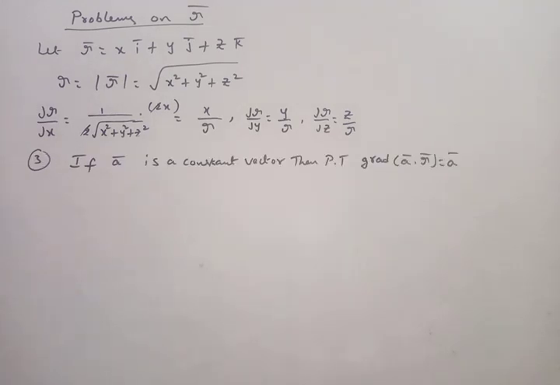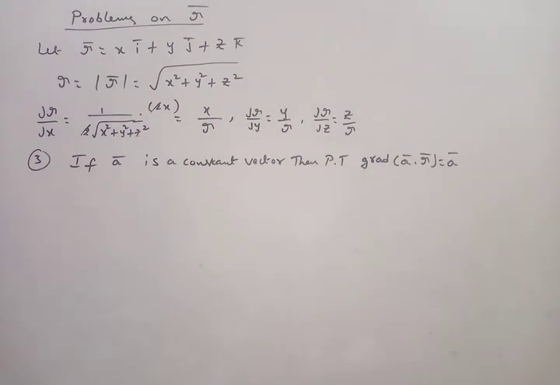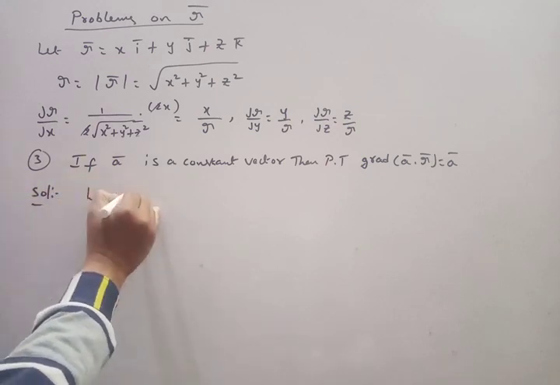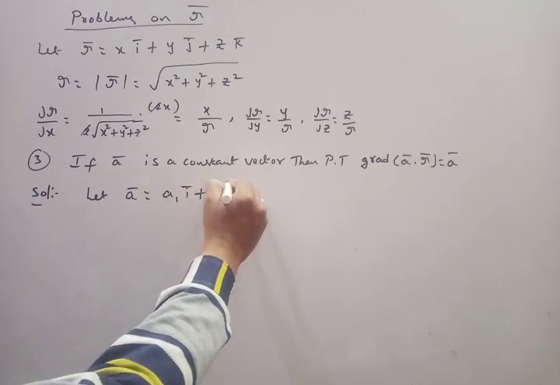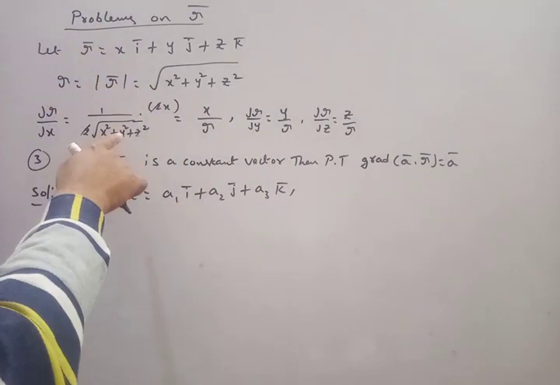Next, third problem. If a bar is a constant vector, then prove that grad of a bar dot r bar is equal to a bar. Okay? So what we have to do over here, what is being asked here? A bar is a constant vector, right? So let a bar be equal to a1 i bar plus a2 j bar plus a3 k bar. This data we have to write now.